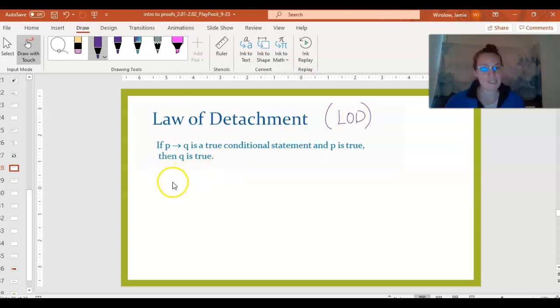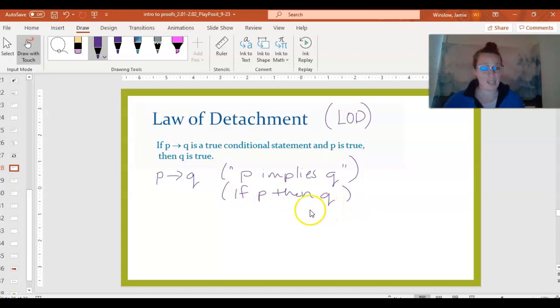The law of detachment says if P arrow Q. Let's talk about what this says. The way we read this is P implies Q. Another way is you can think of it as if P, then Q. So these all mean the same thing.